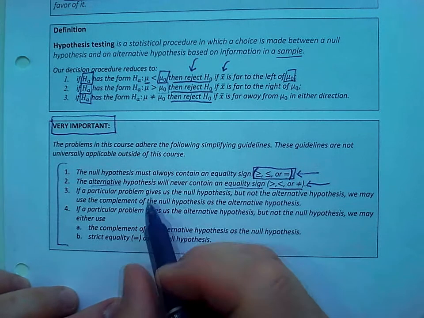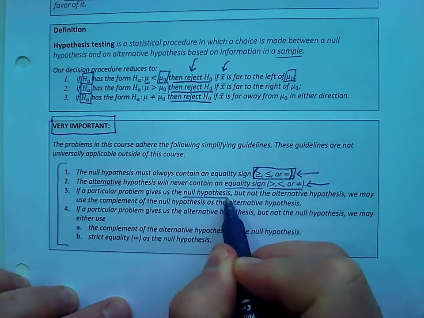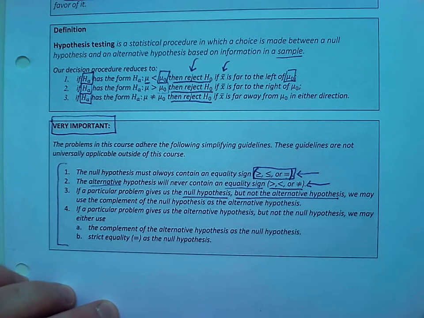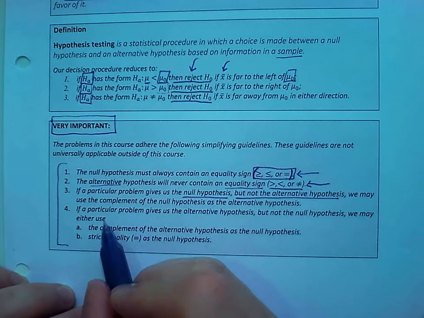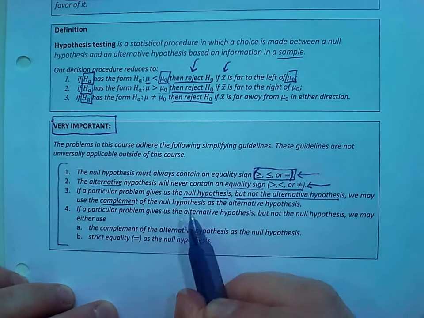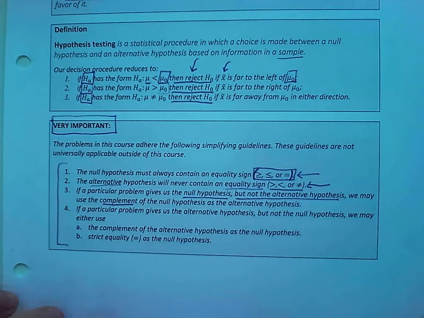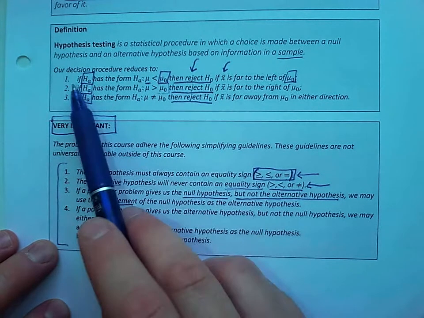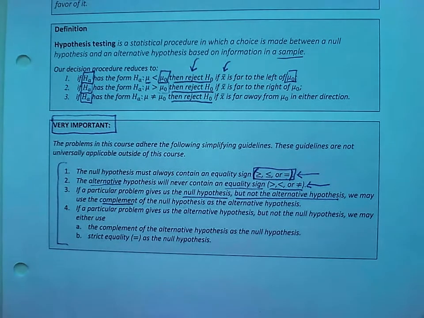So if it only gives us one statement, only the null, not the alternative, then we can use the complement of the null hypothesis as the alternative. Because we must always have the null and the alternative hypotheses in every single problem that we do. We must have both parts.